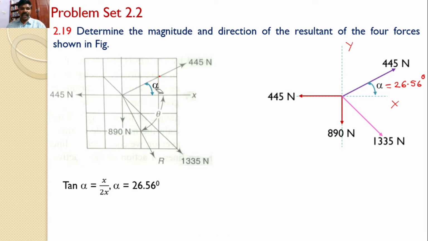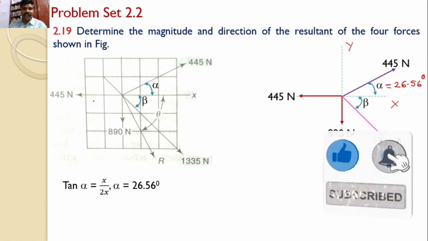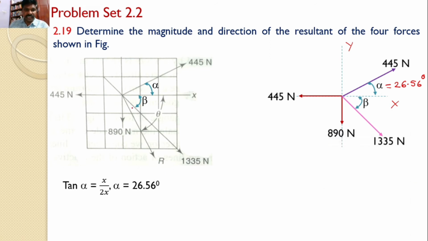Similarly, I can calculate the beta value. Let beta be the angle made by the 1335 newtons force with the x-axis. Now how to find it? Just consider the same concept. The force intersects here, so I can draw a right angle triangle like this. Let this distance be x and let this distance be x.